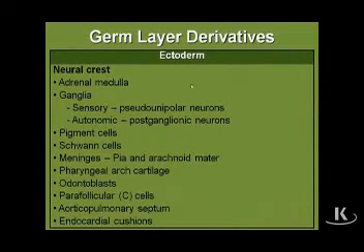The structures that we've talked about that come from neural crest include the adrenal medulla, include peripheral nervous system components that are seen in ganglia, sensory ganglia, and postganglionic cells in autonomic ganglia. I didn't previously mention it, but pigment cells, melanoblasts, come from neural crest. Schwann cells of the peripheral nervous system and some of the meninges.